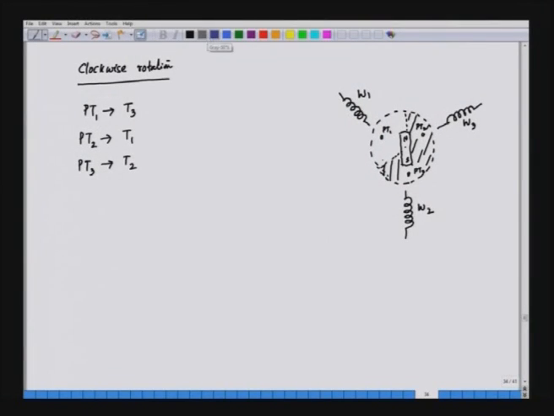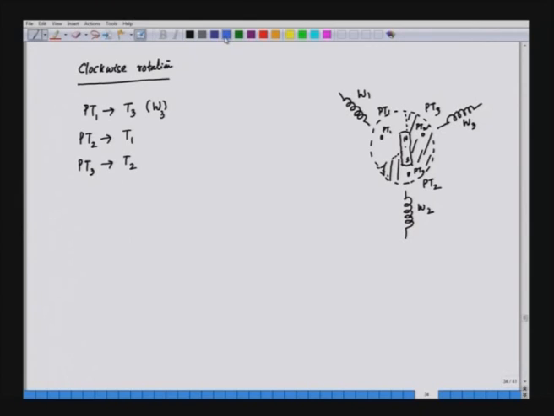So, in the present condition, this is the phototransistor 1, this is the phototransistor 2 and this one is phototransistor 3. So, when PT1 feeds T3 or W3 here, correspondingly the winding 3 is excited.